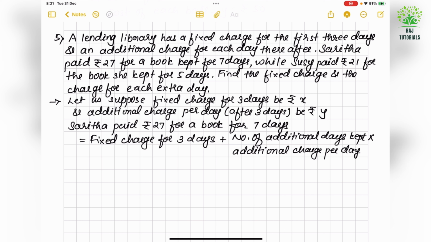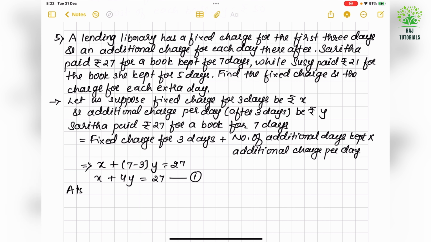So the equation will become x plus (7 minus 3), because totally 7 days and 3 days were fixed, into y equal to 27. So I can say x plus 4y equal to 27. Let me give this as the first equation.